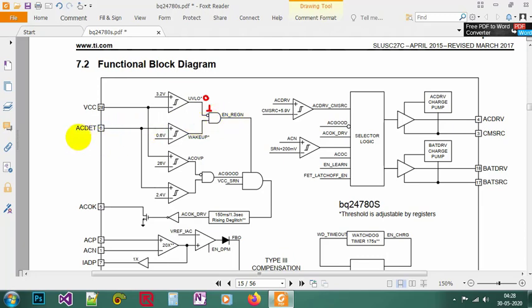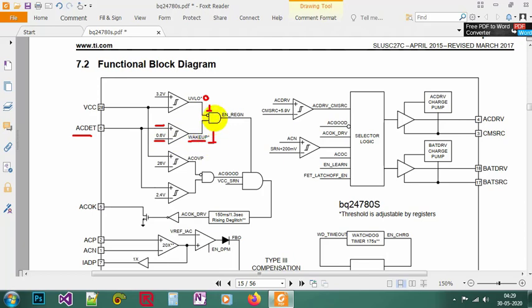The next one is your AC detect. We know AC detect is connected from the VCC through a voltage divider. So here in the Schmitt trigger, the wake up negative side is connected to 0.6 volt and the positive side is connected to the AC detect. So if the AC detect voltage is higher than 0.6 volt, then your wake up will be high.